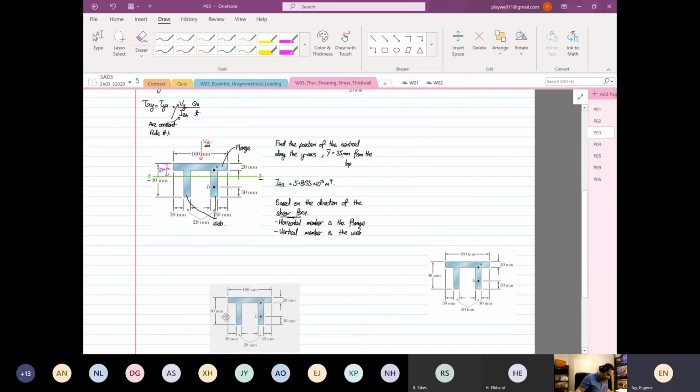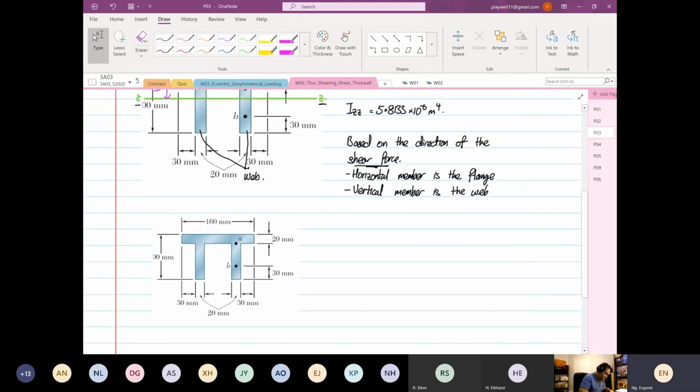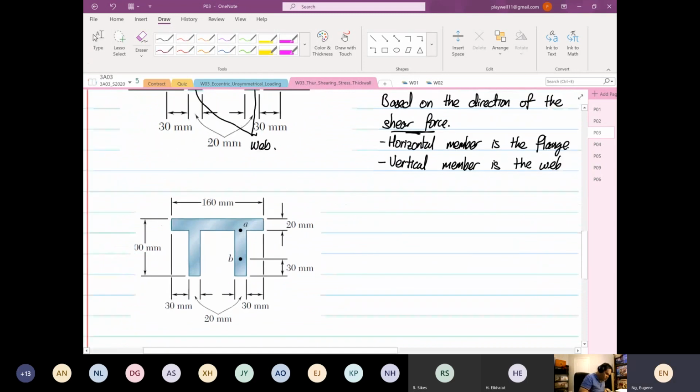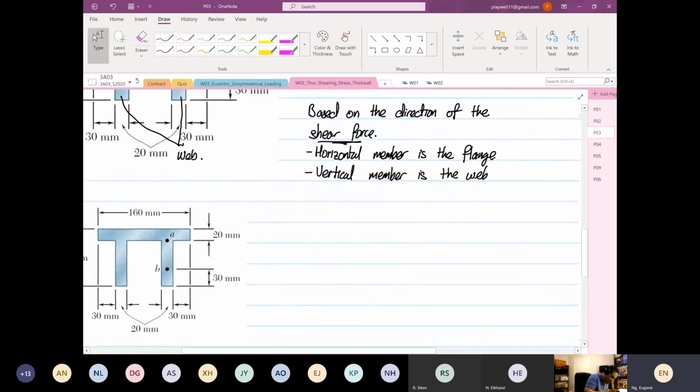Right. So the next thing that we're going to do now, we're going to look at the flange section. We're going to derive the first moment of area and the shear stress at the flange.